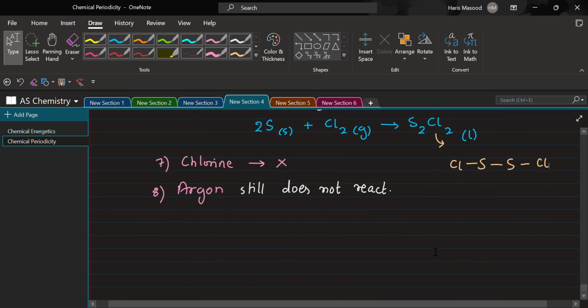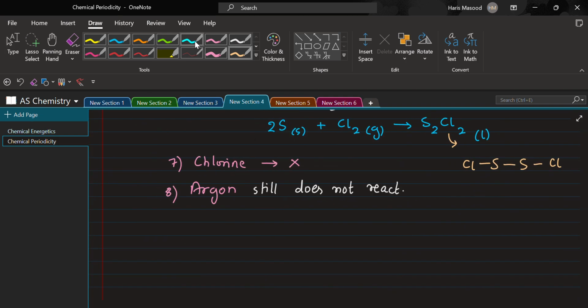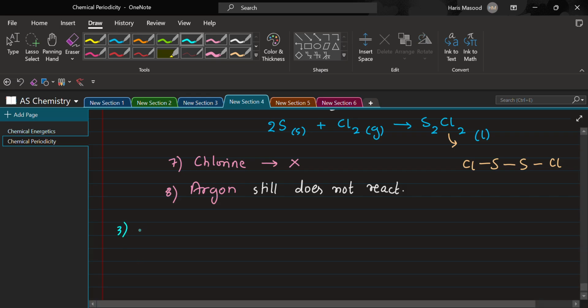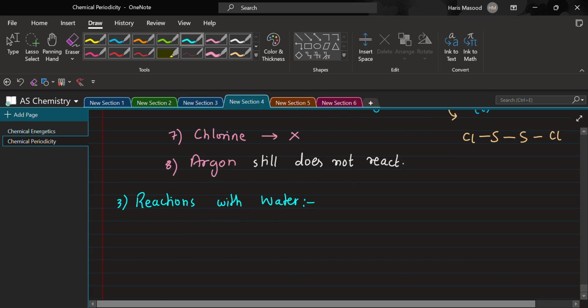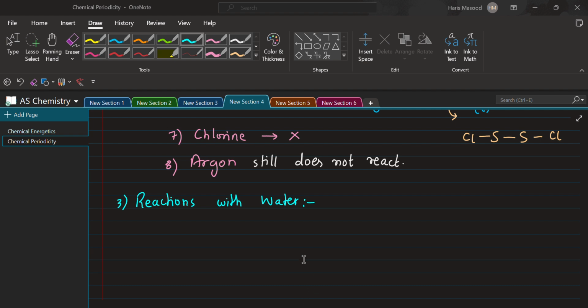Then we have reactions with water. So reactions with water, we will be having sodium.